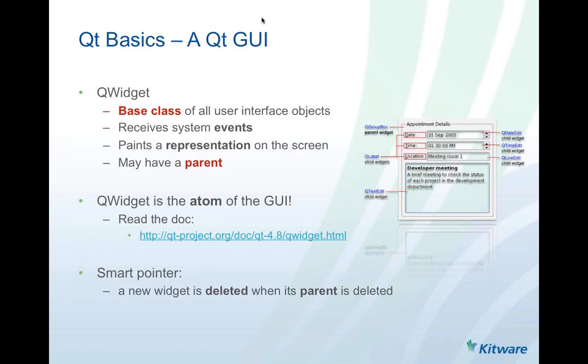We'll talk about those later. And it's responsible for being able to paint some representation of the widget on the screen. Qt makes heavy use of smart pointers internally. Another thing that comes into play is that there is a parent-child relationship between the widgets in your application, and in general, the children of a parent are recursively deleted when the parent is deleted.